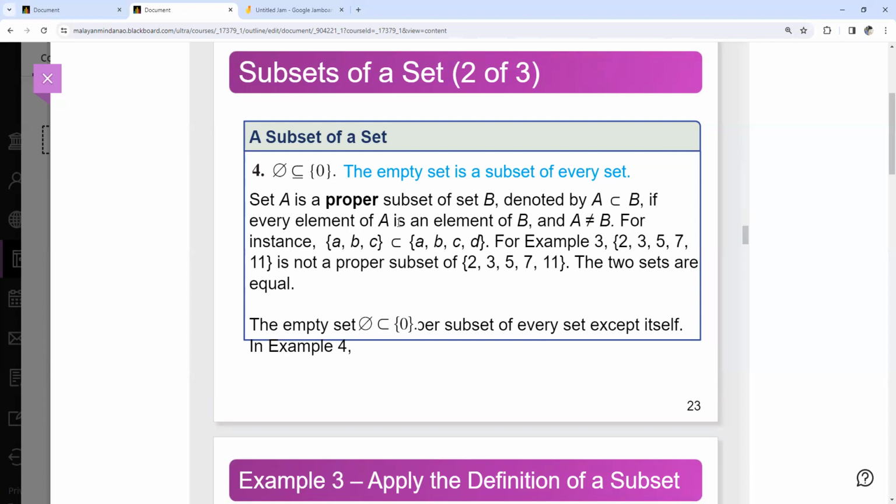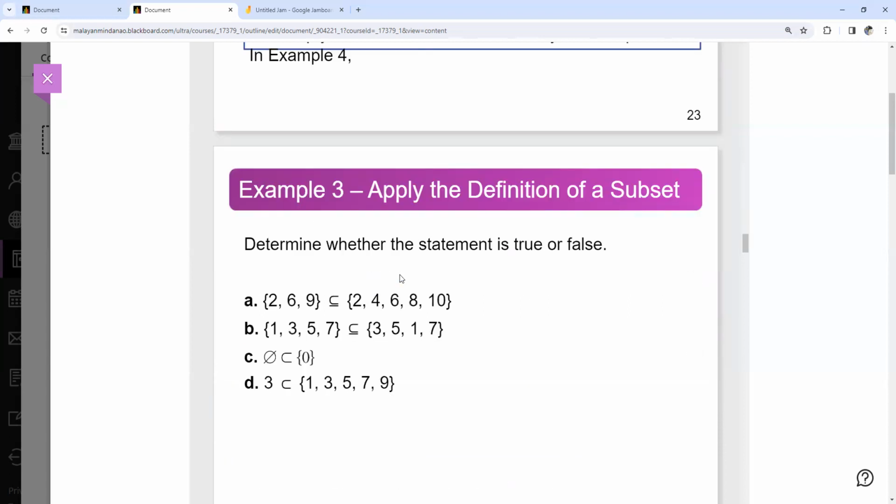That basically means that set A has fewer elements than set B. For instance, the set ABC is a proper subset of ABCD because elements ABC are also found in ABCD, but they are not equal.